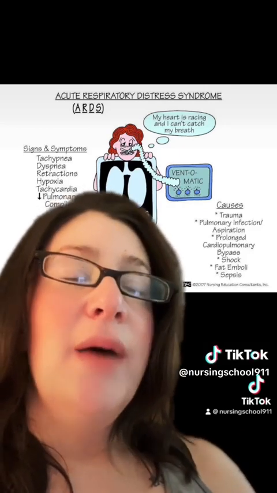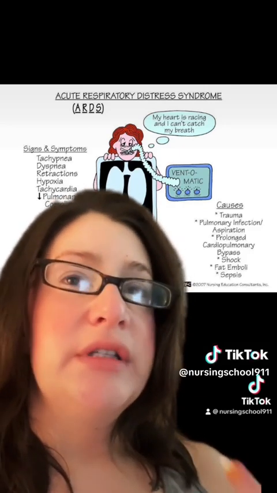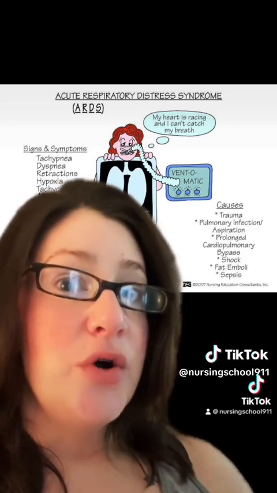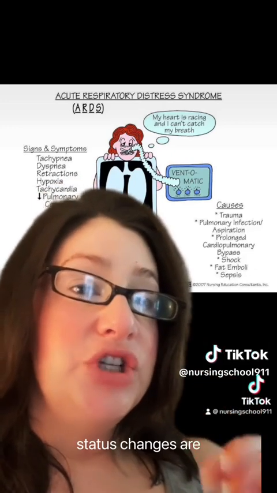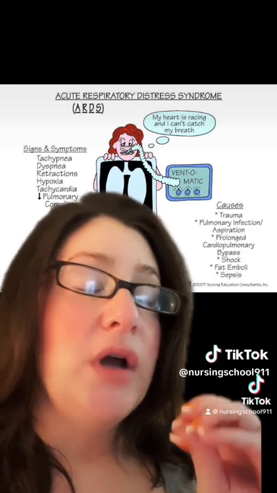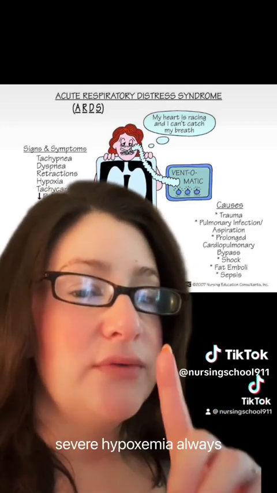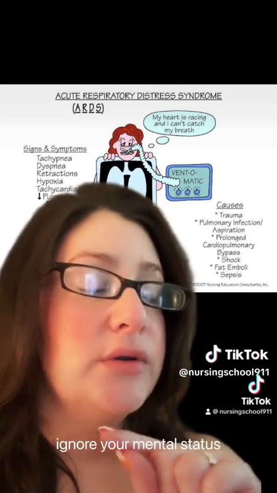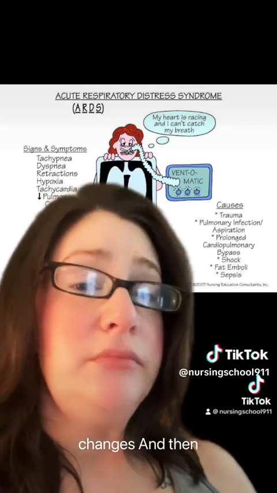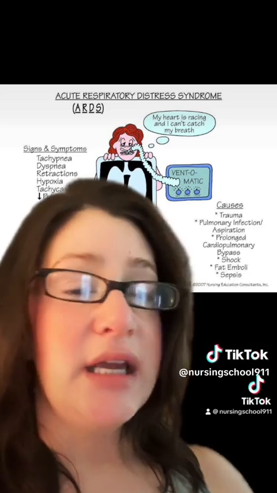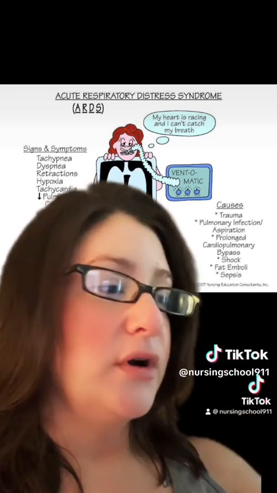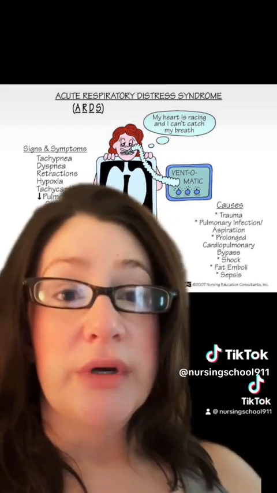As the hypoxemia worsens, we'll see the patient become restless, agitated, and we know that mental status changes are one of the earliest indicators of severe hypoxemia. Always remember that. Don't ignore your mental status changes. And then obviously dyspnea, tachypnea. None of that stuff is really going to distinguish ARDS from other respiratory disorders, right?